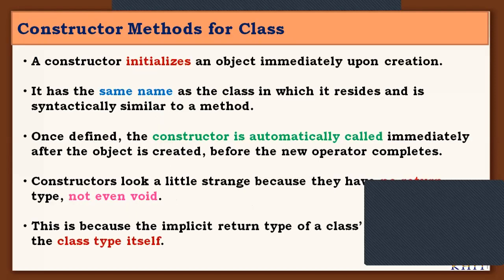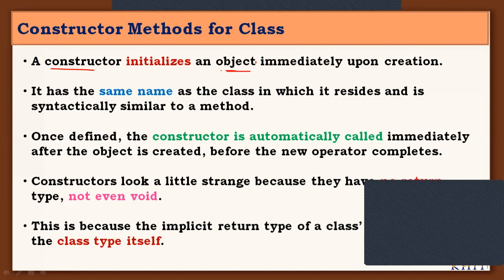First one, constructor methods for a class. We know that a constructor is a special member function of a class, and this constructor initializes an object immediately upon creation.